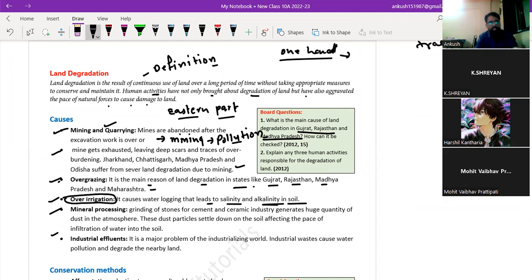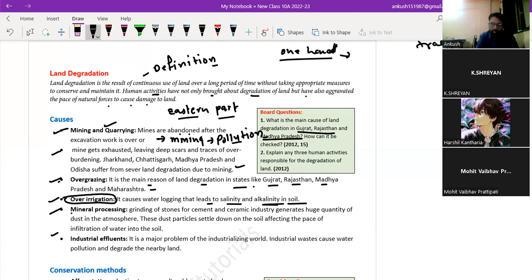Over irrigation means sometimes we use more water than needed, and that water lags behind and makes the land salty or saline, and through that it leads towards land degradation and it loses its fertility. Understood? Another point is mineral processing. See, suppose the question is: what is land degradation, elaborate with the causes, so you should write these points there. Understood? Are you getting the point?